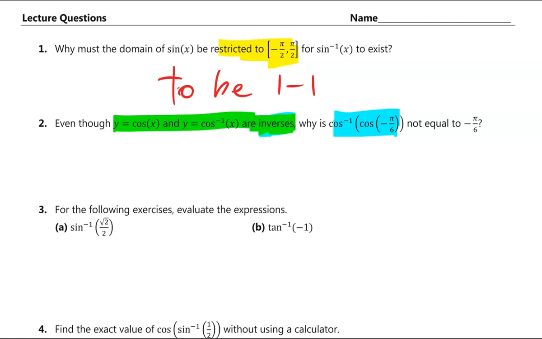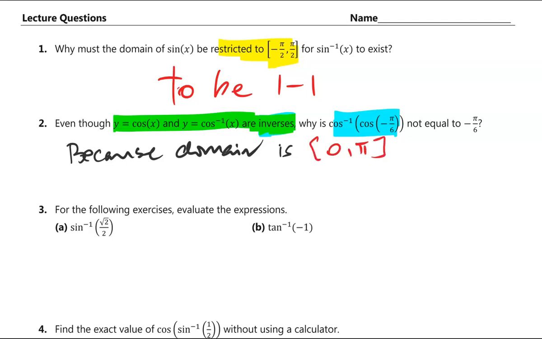Remember that the domain of inverse cosine is from 0 to pi only, and negative pi over 6 is not within 0 to pi. So negative pi over 6 is out of bounds.